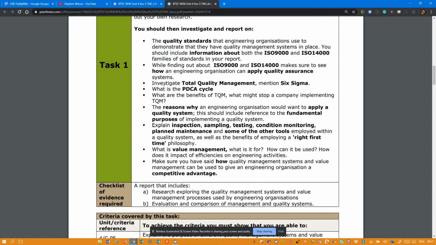Everybody has a role to play in a total quality management company. It doesn't matter who you are. If you make a suggestion which you think will improve the quality or improve production or reduce cost, that suggestion gets taken on board, listened to, and implemented. So it involves a buy-in from absolutely everybody in the company.